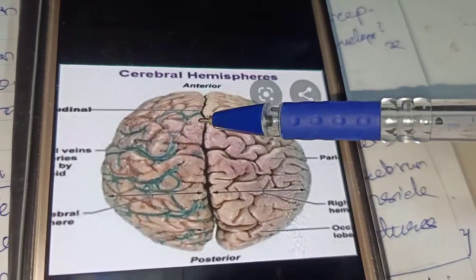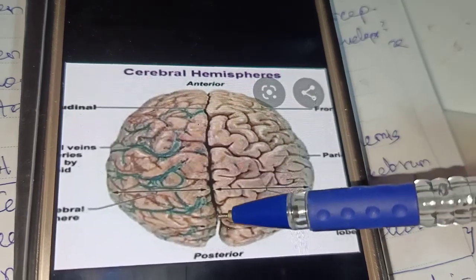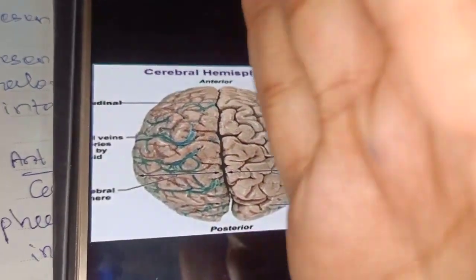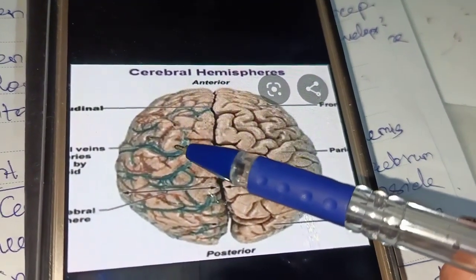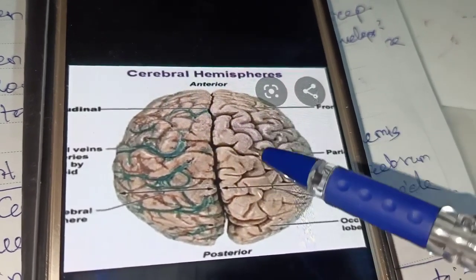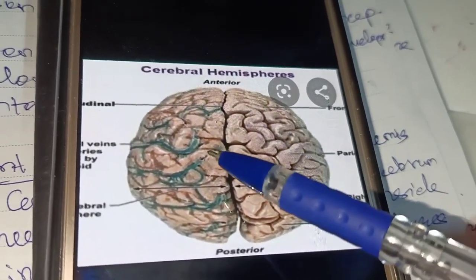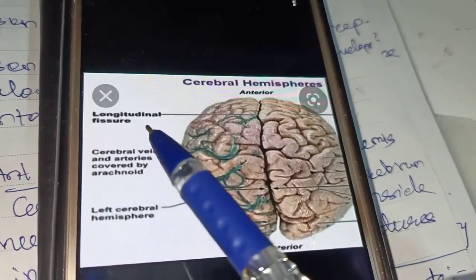If you cut the brain, that is the cerebrum, telencephalon, into half, you get one half and the other half: the right cerebral hemisphere and the left cerebral hemisphere. If you see here, there is a long fissure.